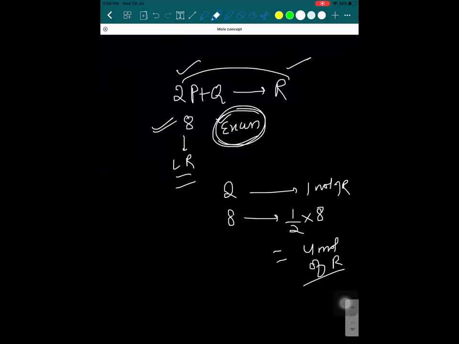And section D, any doubt remaining? Section D, any doubt? No doubt? Exercise 2, part 1.